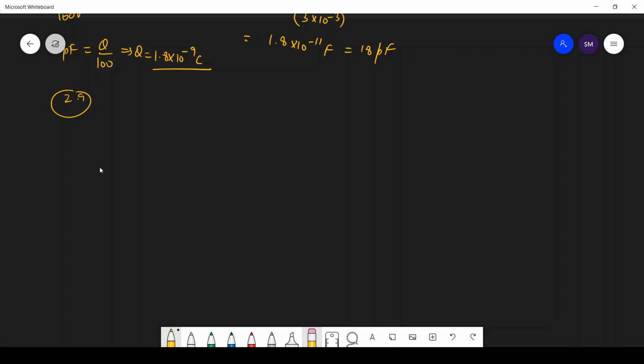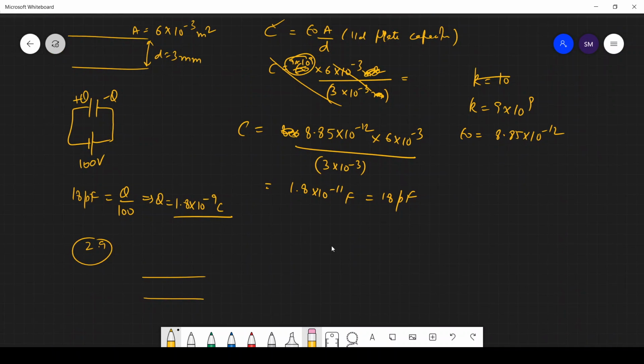So we need to explain what would happen if in the capacitor which was given in the above example, a 3 millimeter mica sheet is inserted. How much was the distance between the plates? 3 millimeter.